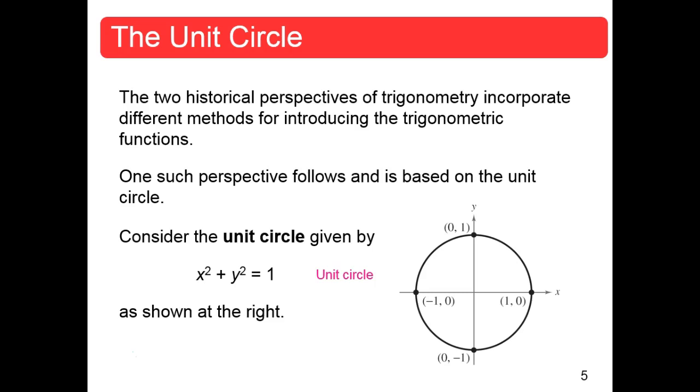Now, you see this point here, 1, 0. When x is 1, y is 0. 1 squared plus 0 squared is 1. And when you come up to this point, 0, 1. 0 squared plus 1 squared is 1. When you go over here to negative 1, 0. Negative 1 squared is 1 plus 0 is 1. And when you go down here, 0 plus negative 1 squared is 1.